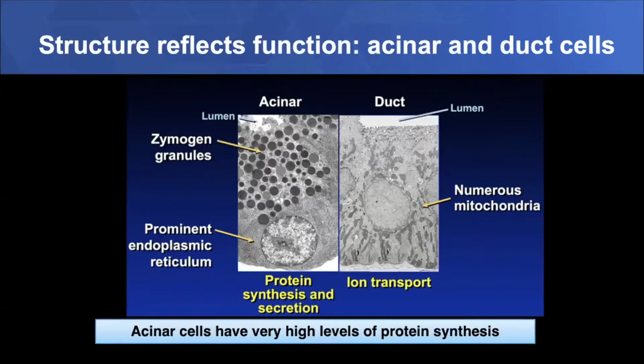Ion secretion, such as the chloride and bicarbonate made by the exocrine pancreas, is very expensive in terms of ATP production. And as a reflection of that, cells that are producing lots of ions, such as parietal cells in the stomach, will be dramatically enriched with mitochondria compared to non-ion secreting cells.